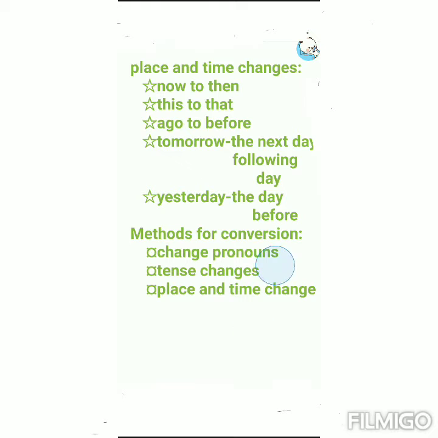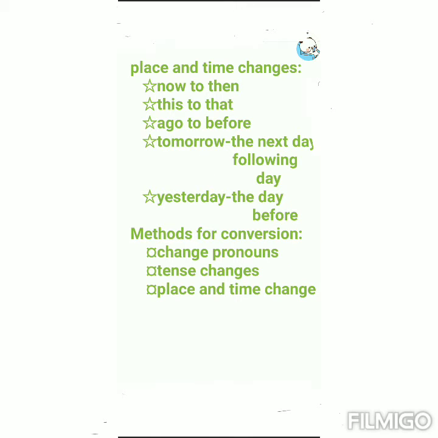So the first rule is to change the pronouns, which means that if I is there in your direct speech, it should be changed according to the gender. If the speaker is a girl, it should be changed to the respective pronoun she. Or if the speaker is a boy, it should be changed to he. The second rule is tense changes.